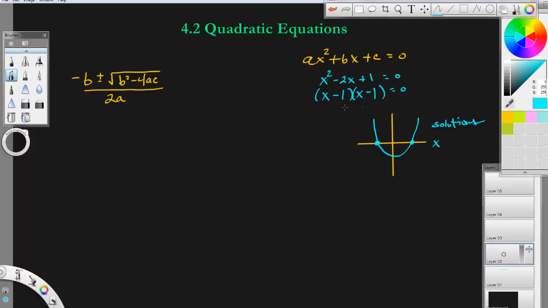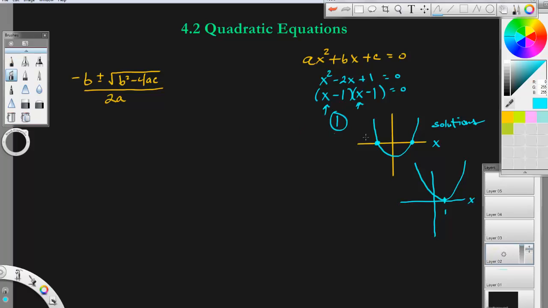And so I could figure out what makes these parentheses equal to 0, and that would be, of course, 1. Because if I plug a 1 in for this x, actually since they're the same, it would only have one solution, which I'll get to in a minute here. But the solution to this would be 1. So it would cross this graph here, would hit the x-axis at 1. So this would be an example where this thing comes down and hits right there and literally bounces off the x-axis. It would have one solution.